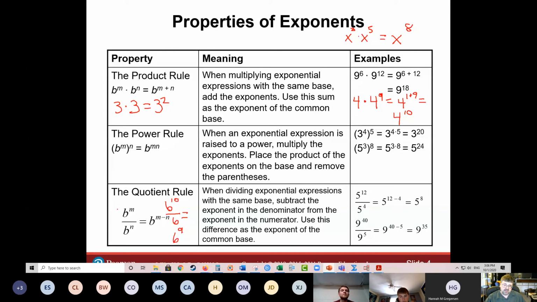If we had, again, the quotient rule, 4 to the 7th divided by 4 to the 7th, that would be 4 to the 7 minus 7, 4 to the 0, which is 1. And of course, anything divided by itself other than 0 is 1. And these rules also all apply to variables. If I had x squared raised to the 14th power, that would be x to the 28th.